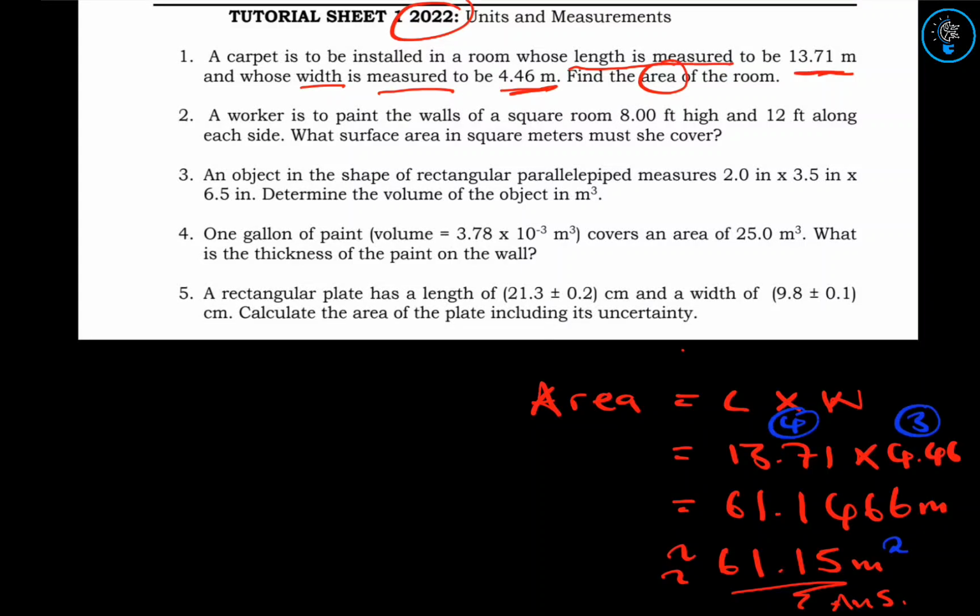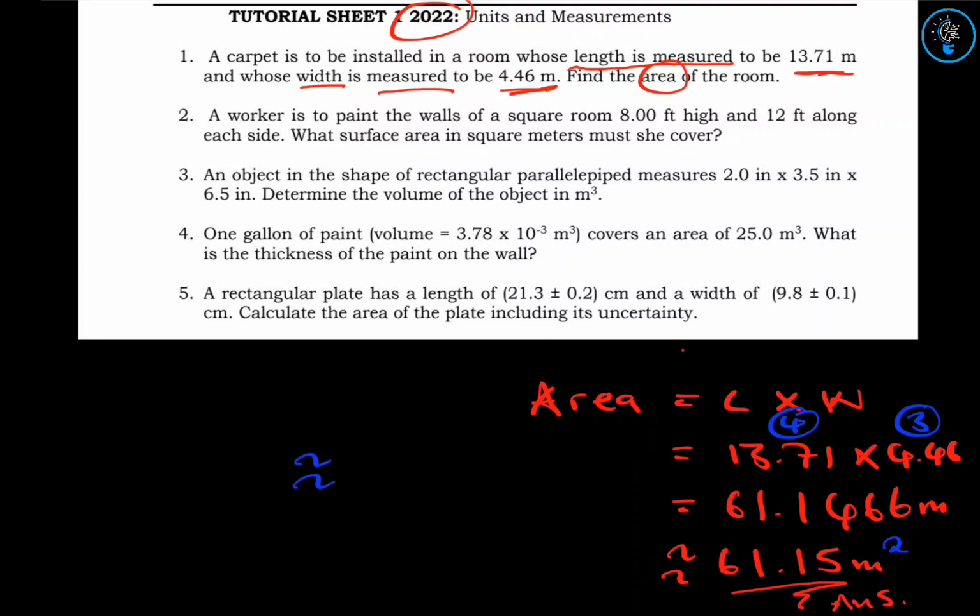So when you're dealing with multiplication, you need to round off your answer to the part of your operation that had the least number of significant figures. So on our answer, we need to round it off to 3 significant figures.